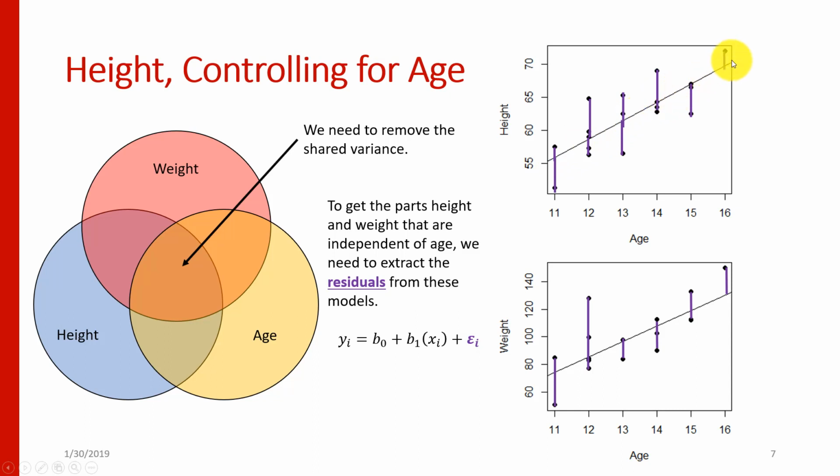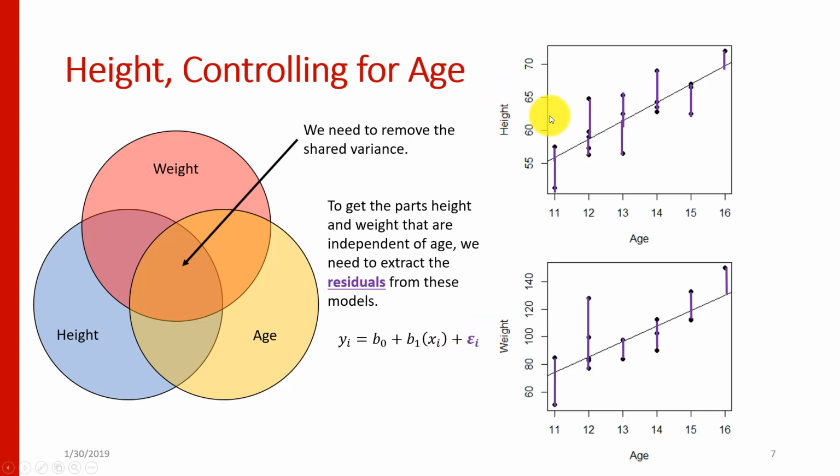The part of height that's unexplained by age is what's left over. So that's our residuals. Similarly for weight, the part of weight that's explained by your age is along this best fit line. This is what we would predict for your weight given your age. So the part of weight that's not explained by age are the residuals, what's left over between our data points and our model, and we're going to take those errors.